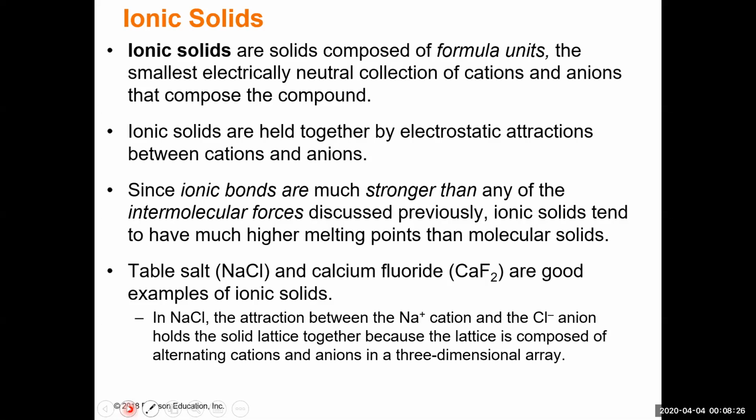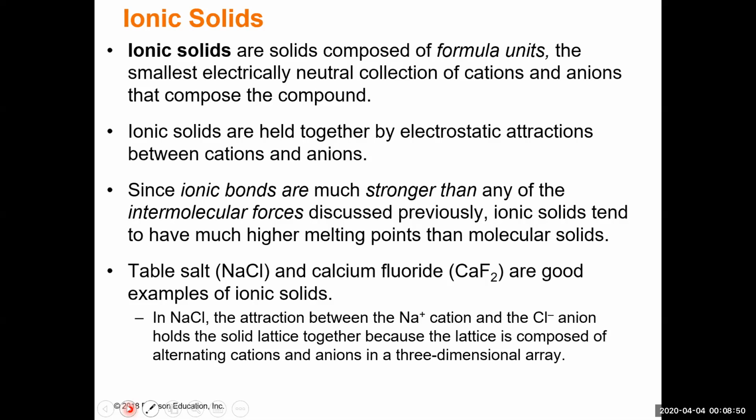Two good examples of ionic solids are table salt, sodium chloride, NaCl, and calcium fluoride, CaF2. For example, in NaCl, the attraction between the sodium cations and the chloride anions is what holds the solid lattice together.